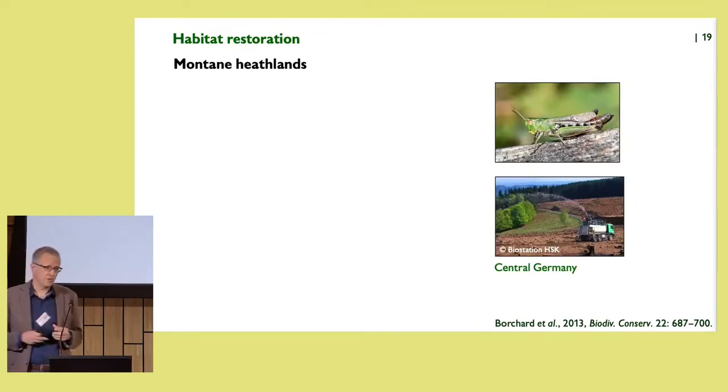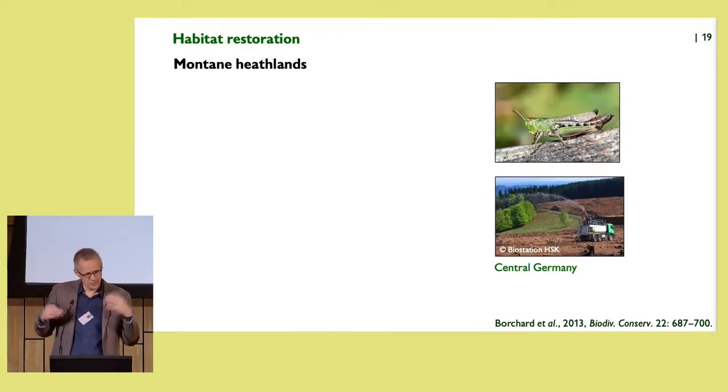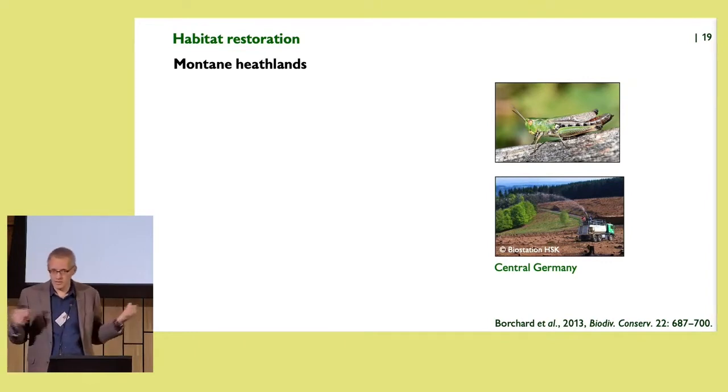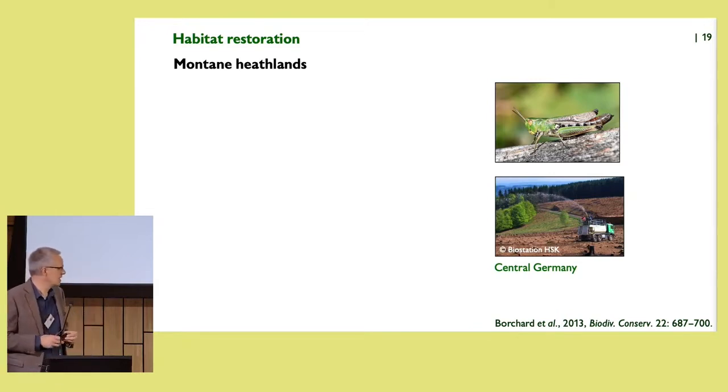And at the end, I'd like to focus on habitat restoration. We have seen that we have dramatic losses of habitat patches, and habitat restoration is increasingly practiced nowadays. Here I present a study on the restoration of heathlands in central Germany.